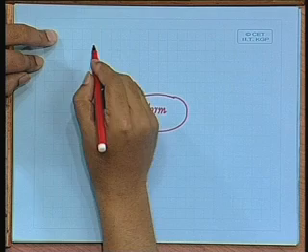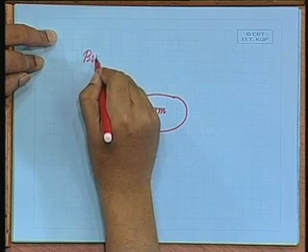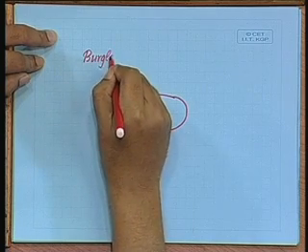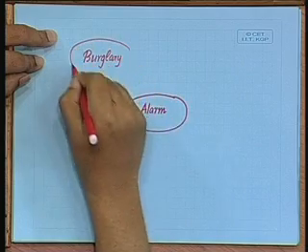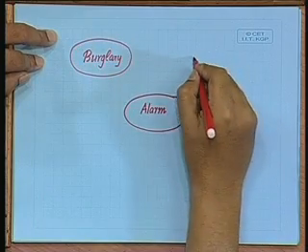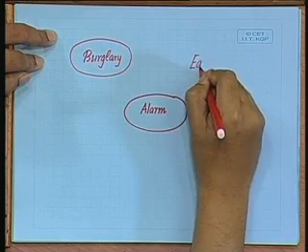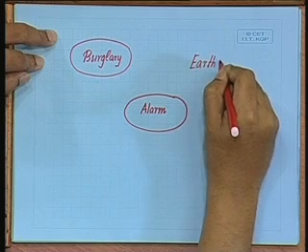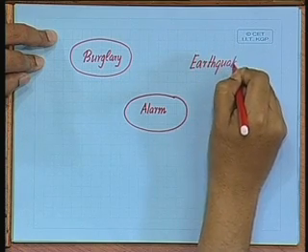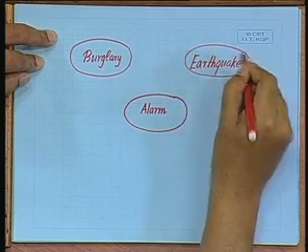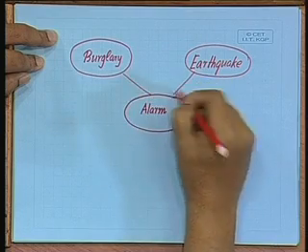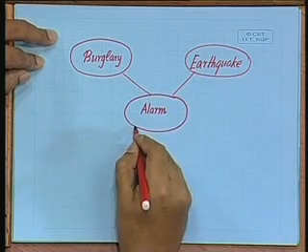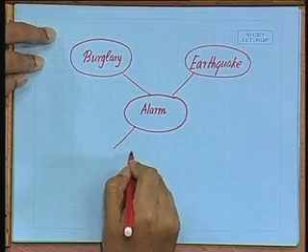One is an actual burglary, and the other is earthquake. And the effects of the alarm can again be two.